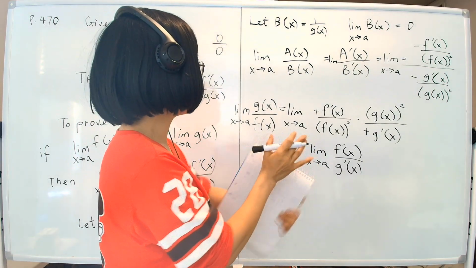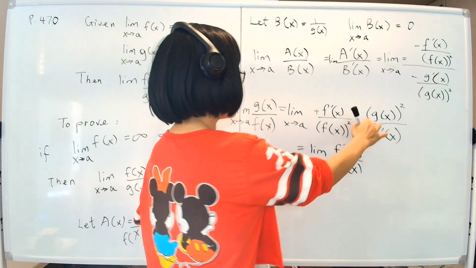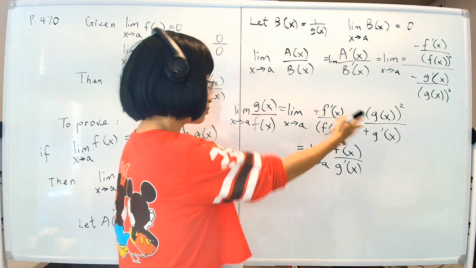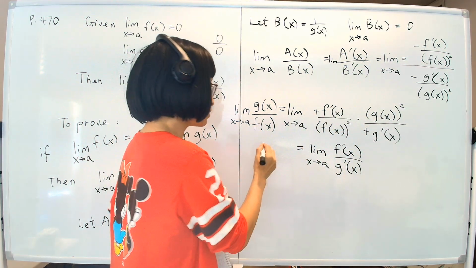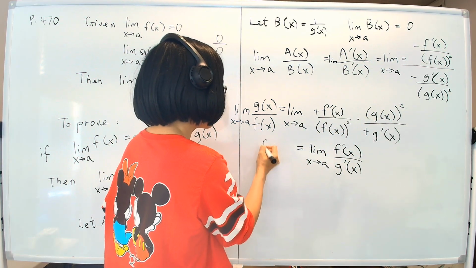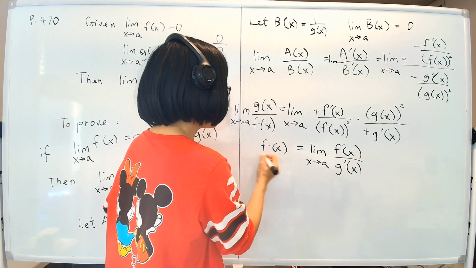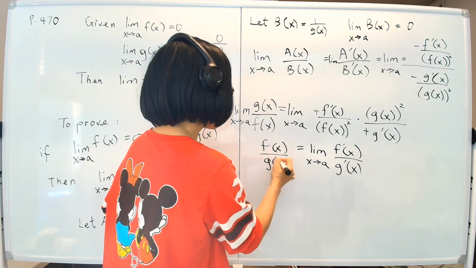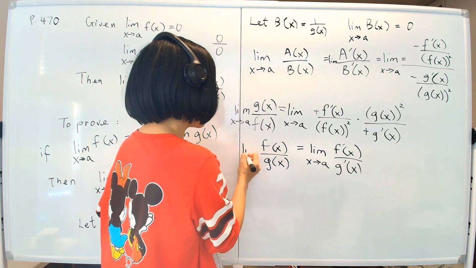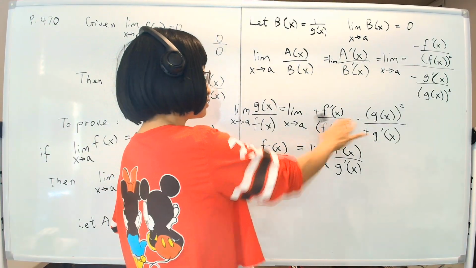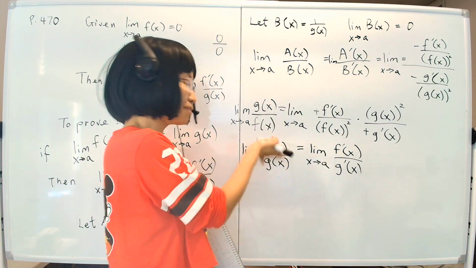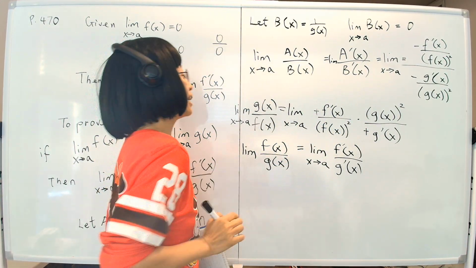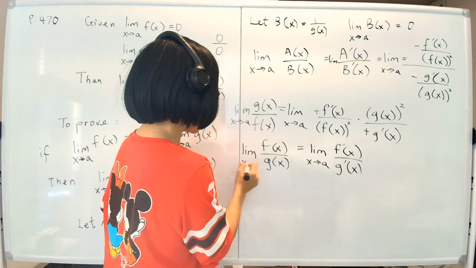This side, we will cancel out one of them, and then the other one, we'll move it to this side, which means we'll flip it over, and that becomes f of x over g of x. When you do the cancellation, get rid of one of them, and then flip the other one around because you're moving it to this side. And that is the answer.